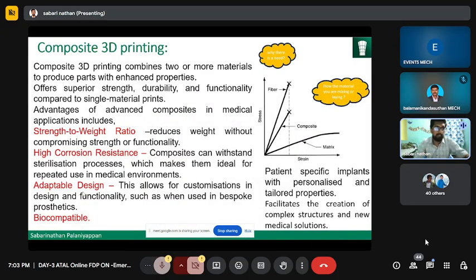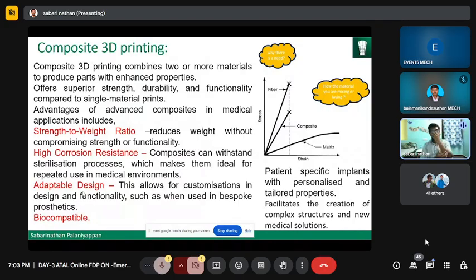So coming to composite 3D printing, it has a lot of scope for fabrication. What is the need of composite 3D printing? When you are making a particular material, you may want enhanced properties. Take a polymer that is brittle in nature, normally PLA.